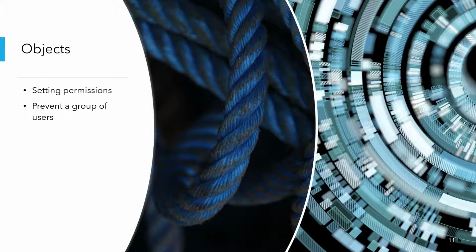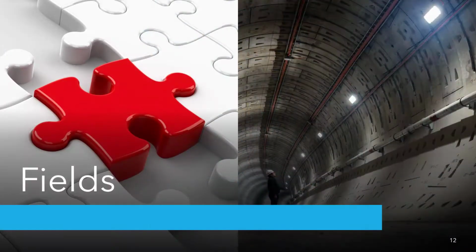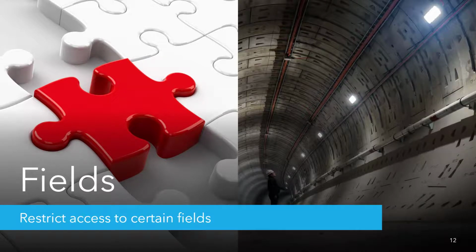For example, you can use object permissions to ensure that interviewers can view positions and job applications but not edit or delete them. Fields. You can restrict access to certain fields even if a user has access to that object. For example, you can make the salary fields in the position object invisible to interviewers but visible to hiring managers and recruiters.